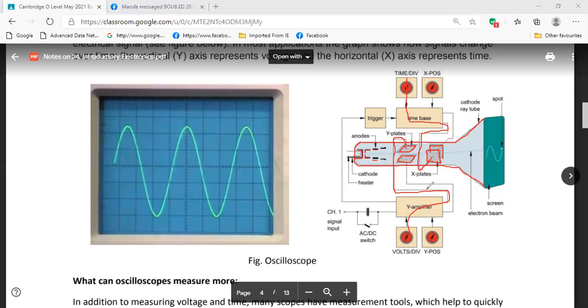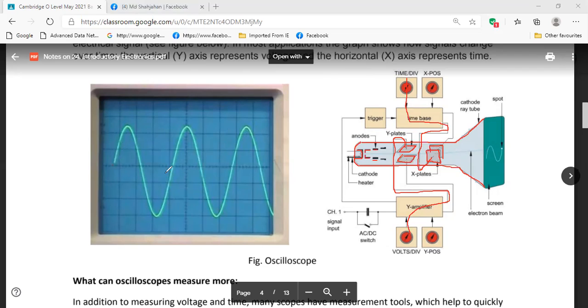So according to the setting, they are applying force to the electrons, so that you see here, the voltage is shown by the y-axis, right? Already you wrote there. Yes. And the time is shown by the x-axis.